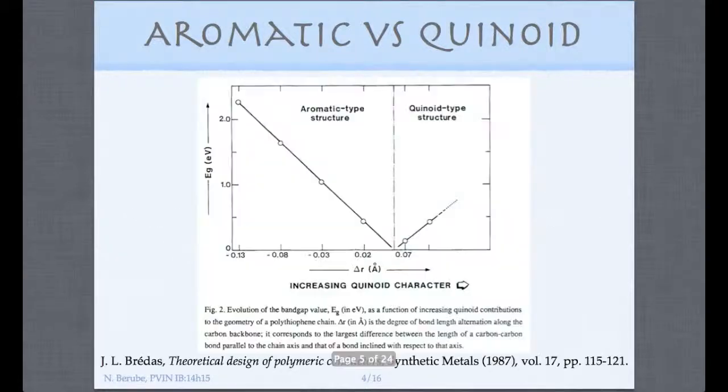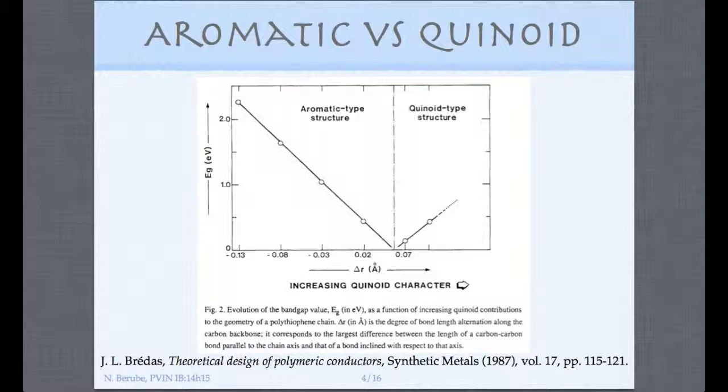Now, the link between aromatic and quinoid form and the band gap has actually been discussed by Jean-Luc Brédas more than 25 years ago. So it's very old, but this relationship, to my knowledge, hasn't been fully extended or fully applied.